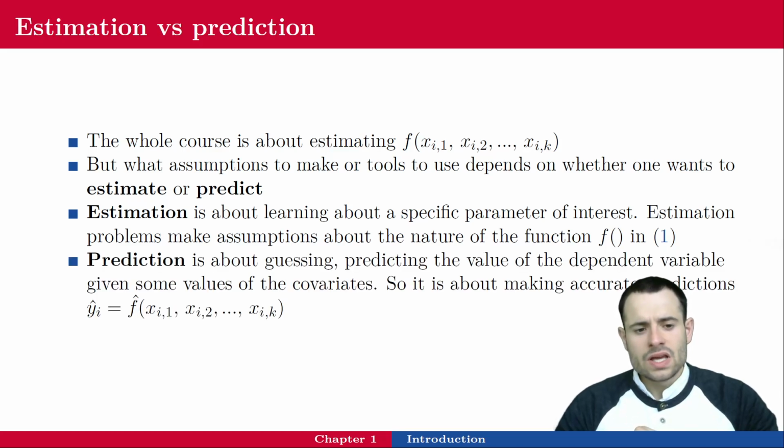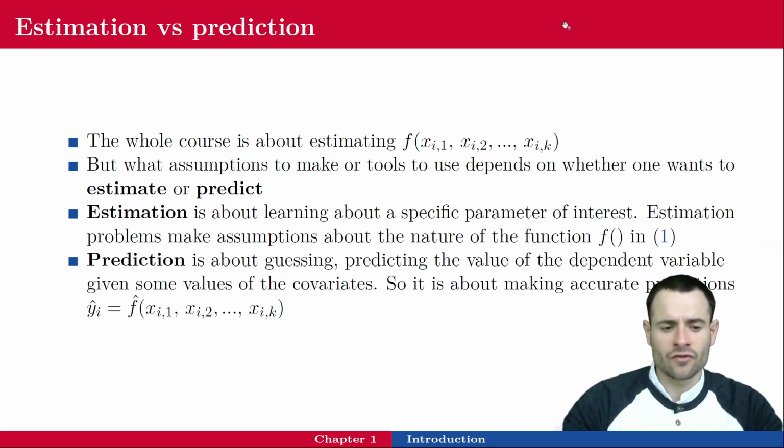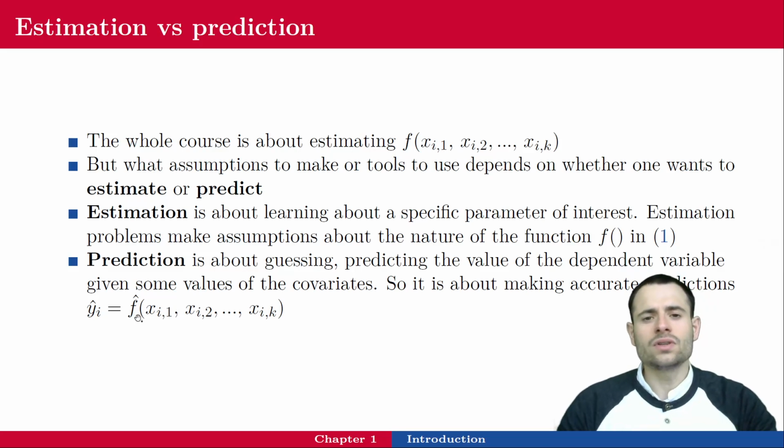But if I only care about prediction, I only care about predicting the variable y. So if it's just about guessing or predicting the value of the dependent variable for some values of the covariates, then I only care about making accurate predictions of the function f. I don't necessarily need to assume a specific functional form.